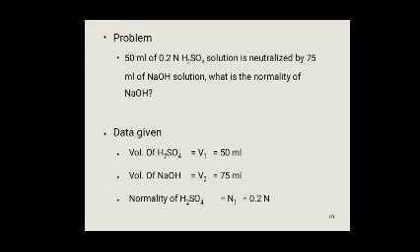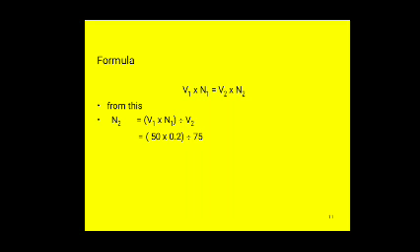N1 is 0.2, V1 value is 50 ml, V2 value is 75. So 0.2 into 50 by 75.